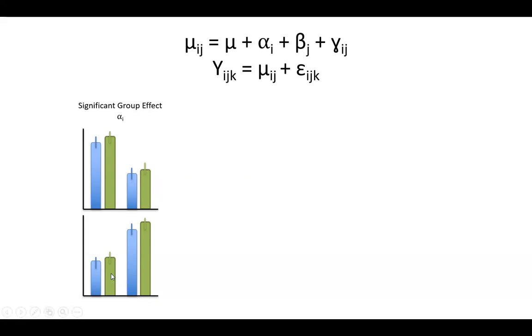Or we might have a first group that's significantly smaller than the second group. Why? It could be anything. Maybe it's the volume of HVC. Maybe it's the amount of exercise. Maybe it is the lifetime earnings. It's whatever you're measuring. But when you're talking about a significant alpha I, the significant group effect, what we're talking about is that major difference along the x-axis.